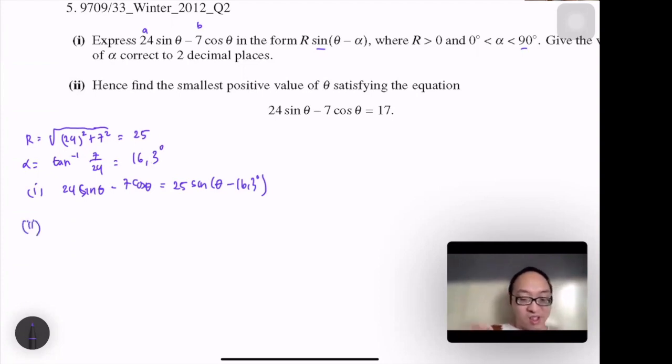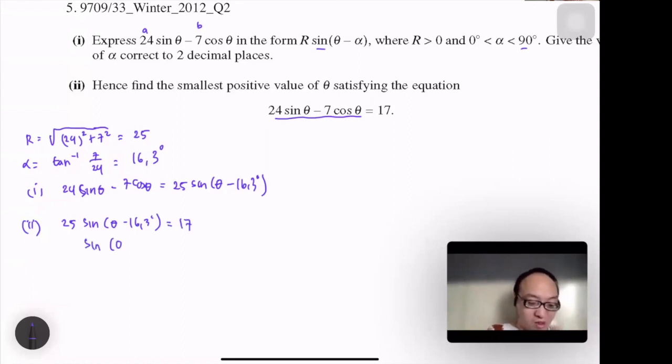Hence, find the smallest positive value of theta satisfying the equation. Again, we can change this into our new form. So it's 25 sine of theta minus 16.3 equals 17.